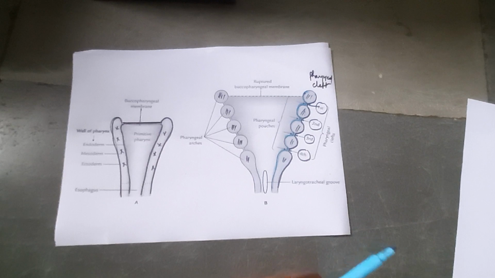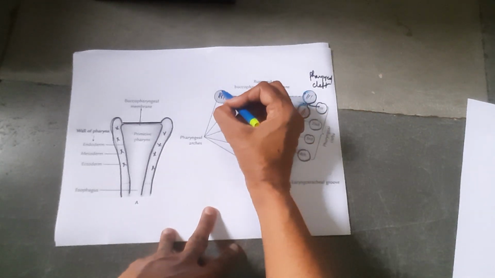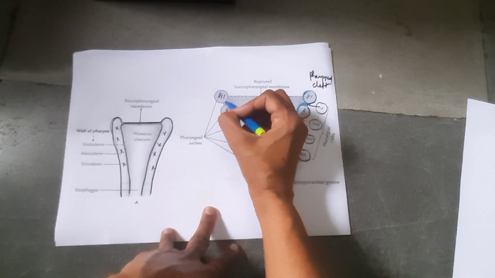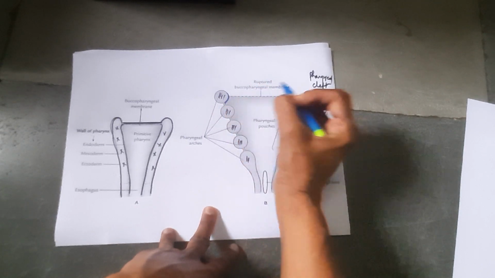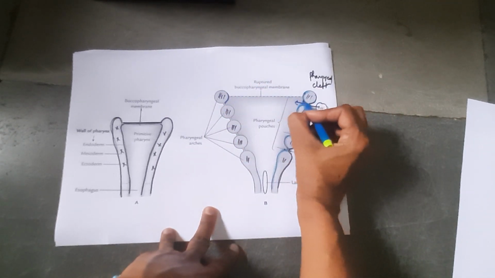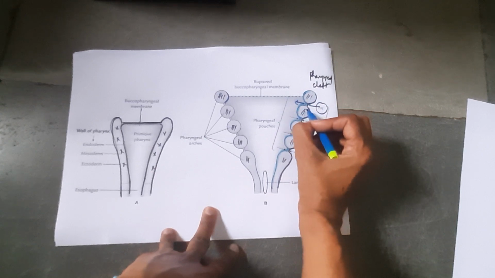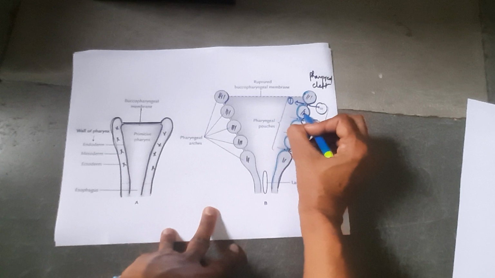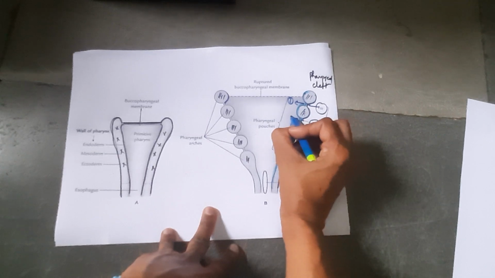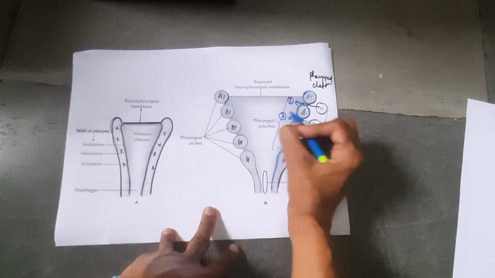Like that, endodermal outpouching occurs between the two arches and they are known as the pouches. The one present between the first and second arch is the first pharyngeal pouch. Between the second arch and third arch is the second pharyngeal pouch.